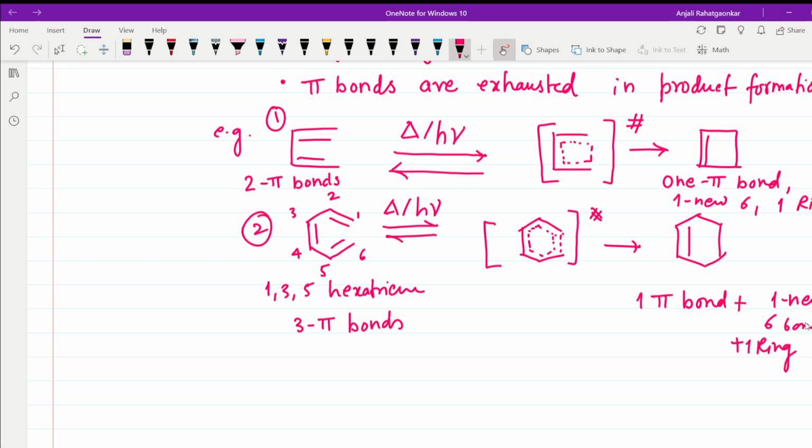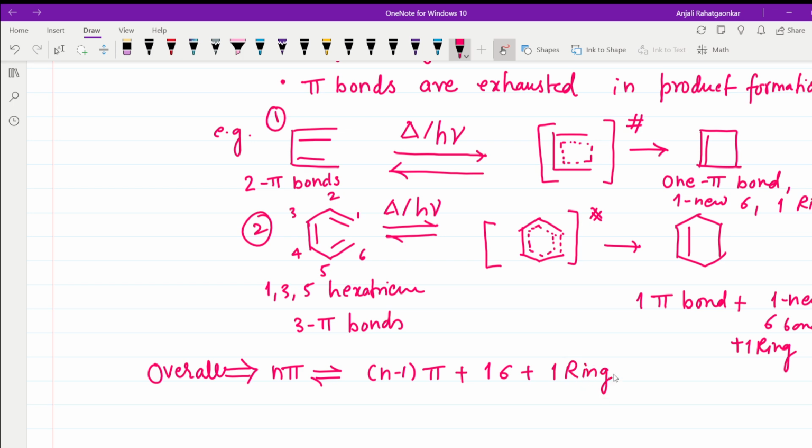So overall accountability, in the case of double bonds, is this: if I have n pi bonds in the reactant, I will get n minus 1 pi bonds plus 1 new sigma bond plus 1 ring.